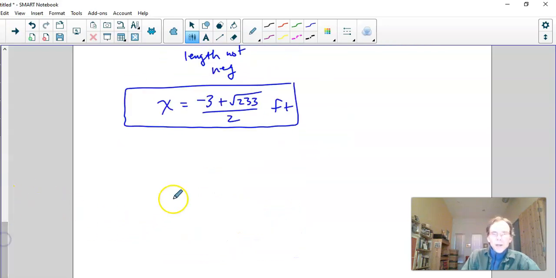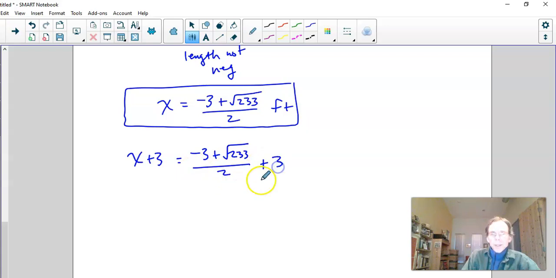Now, the other leg was 3 longer. So let's just add 3 to this x and see what we get. So I'm just copying what x is, and I'm going to add 3. Now this left term is a fraction. We need to write fractions with common denominators. What's 3?